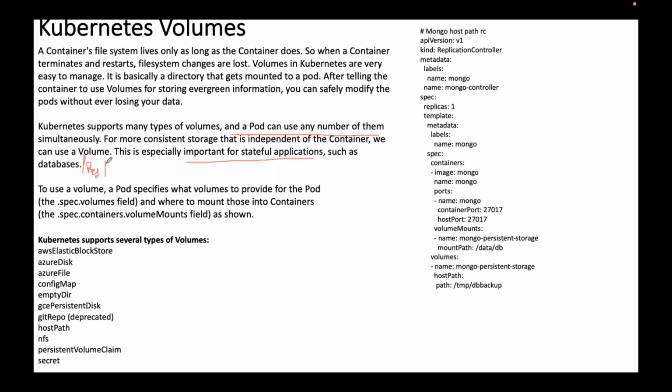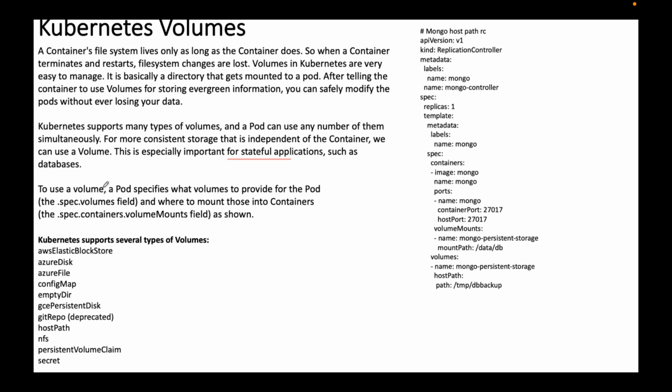If you are running Jenkins also as a container, Jenkins also as a pod, can I call Jenkins a stateful application because it is going to have some jobs, some configurations? Stateful applications, right? So volumes are especially important for stateful applications.